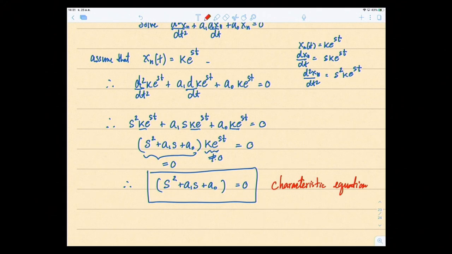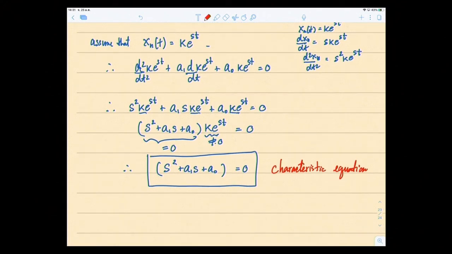And from this, of course, we use our algebra knowledge, as this: a s squared plus b s plus c equal to 0. So your s1 is equal to minus b plus the square root of b squared minus 4ac, divided by 2a.